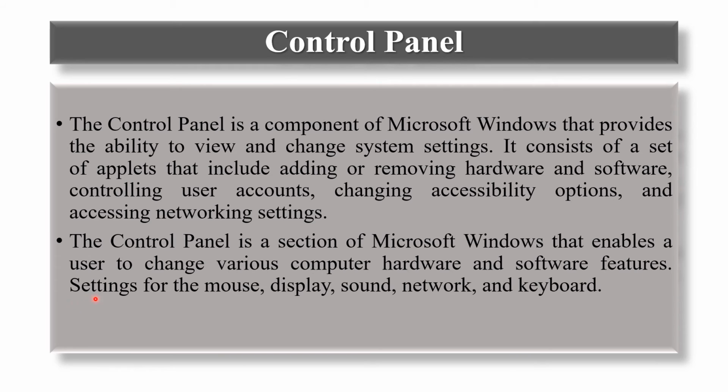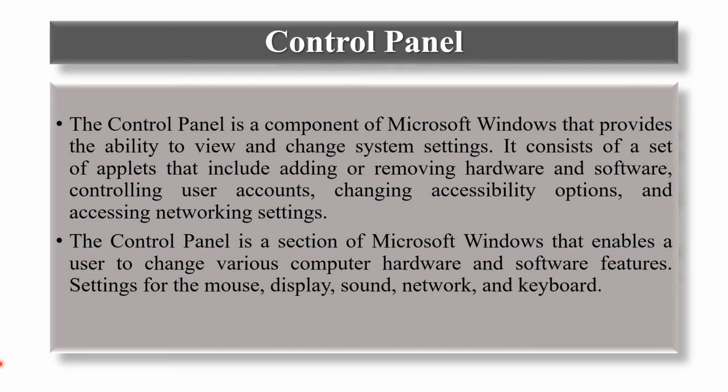Settings for the mouse, display, sound, network and keyboard. Okay, so the control panel in the context of Windows is a software module used to perform administrative and management operating system tasks and provide access to specific software features.